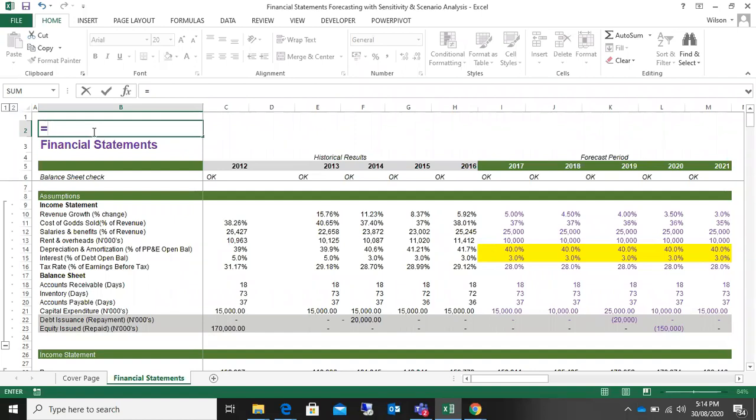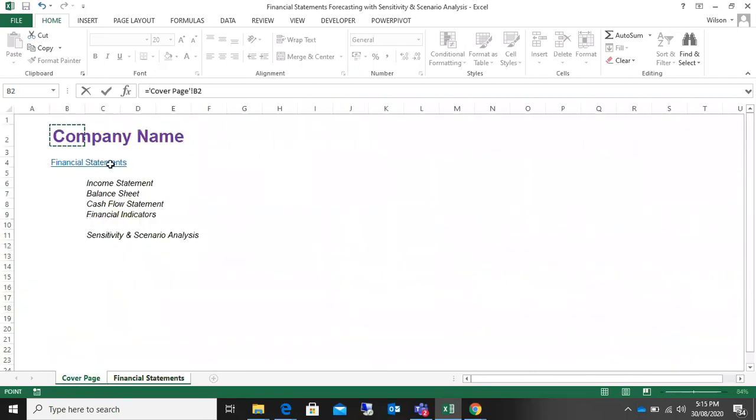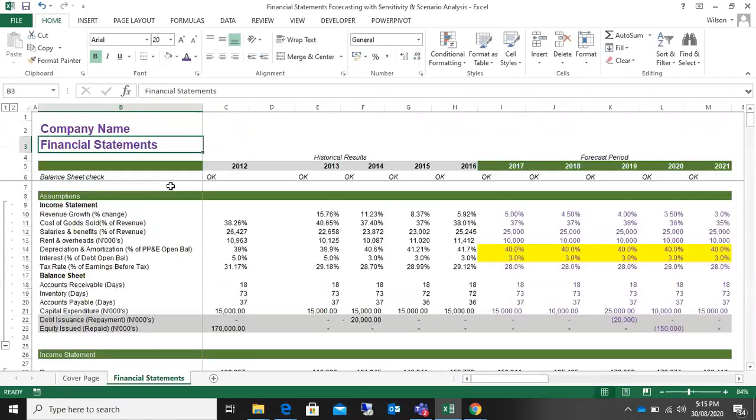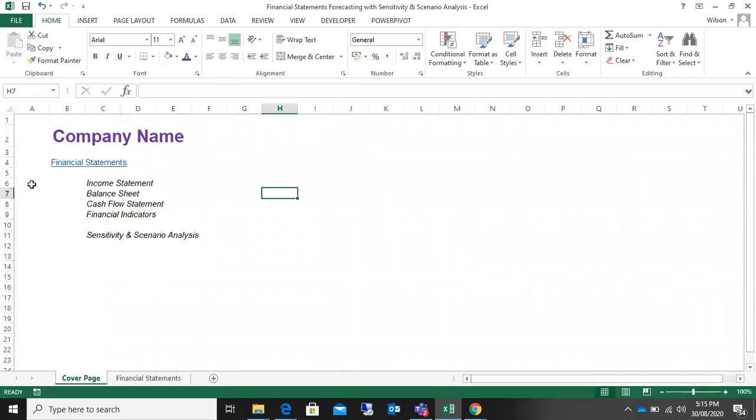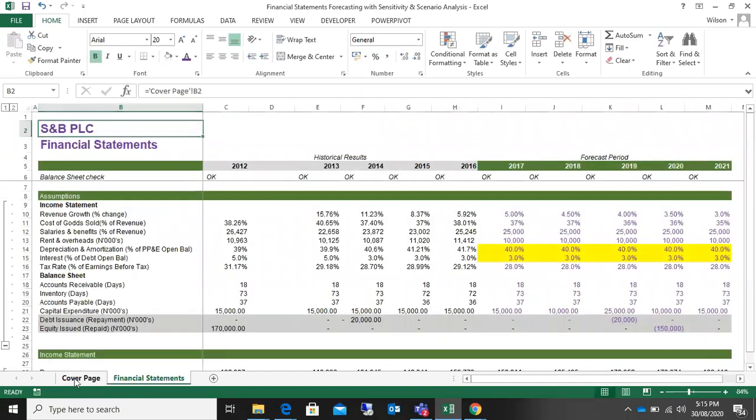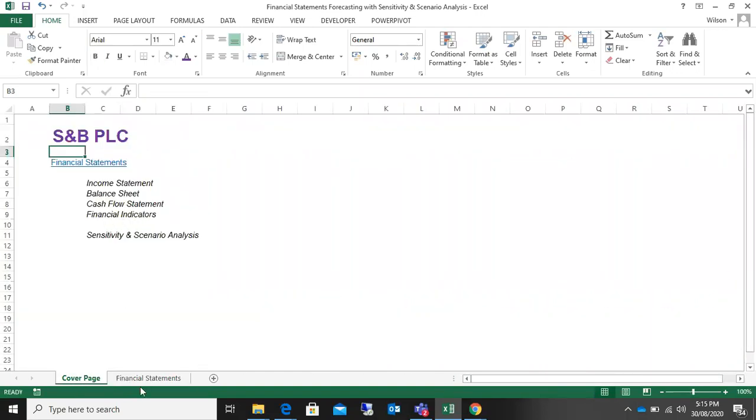There's something I actually want to show you there, using the text function to combine the company name and financial statements, but it may not be necessary here because we have financial statements already. You can just do this, just make it simple. So if I come here and type S&B, S&B PLC, of course, is linked here. So that's what we have there.